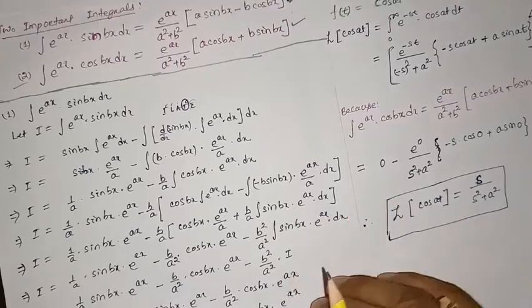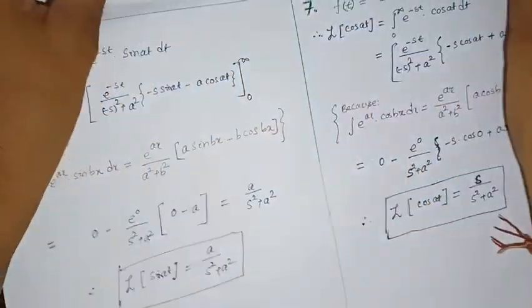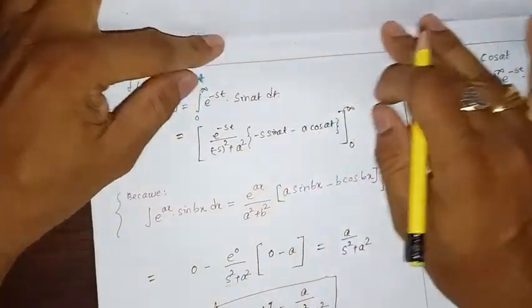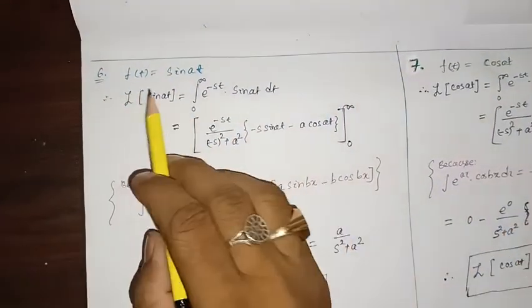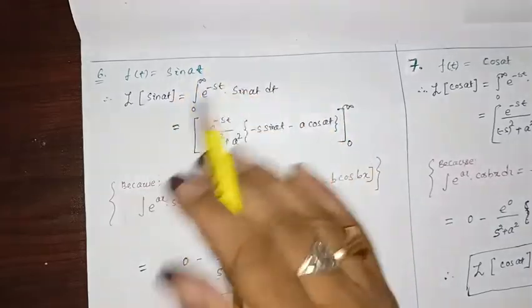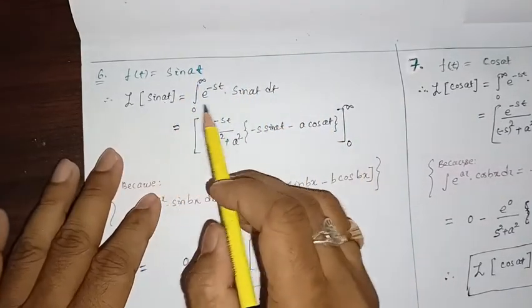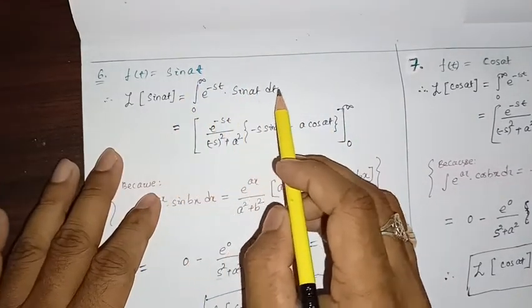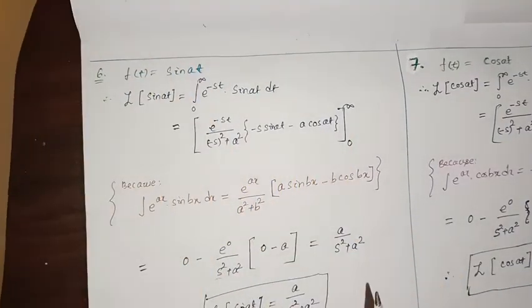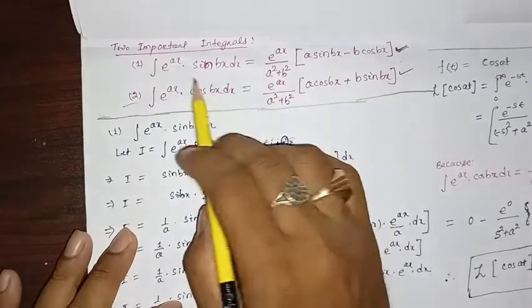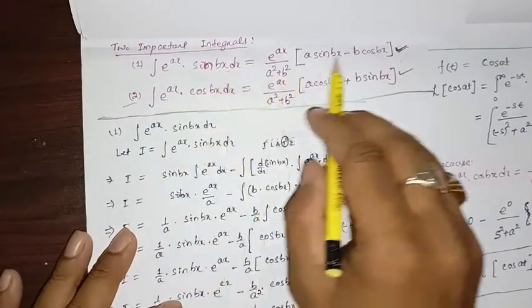Next, we go to the sixth question. The sixth function is f(t) equal to sine at. So the Laplace transform of sine at will be written as the integral of e to the minus st into sine at dt. I wrote this directly because in the last class we discussed the integral value of e to the x sine bx dx, which equals this much.